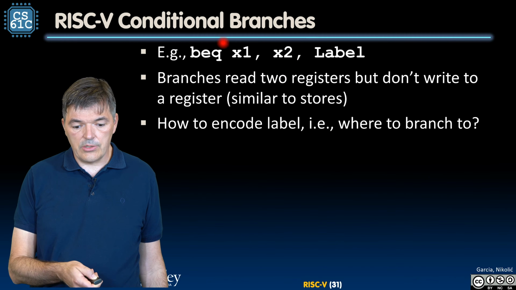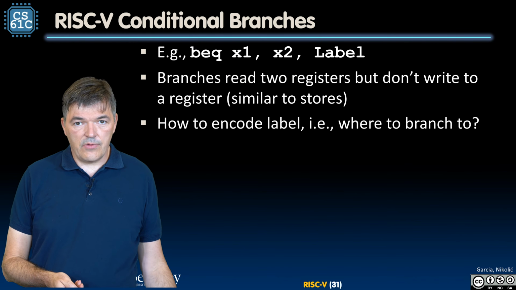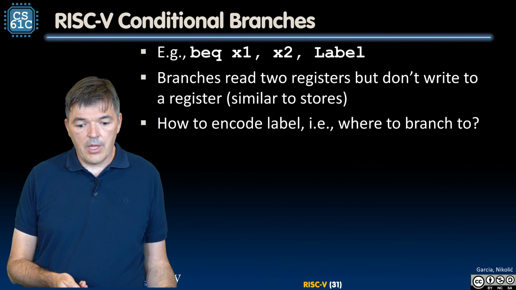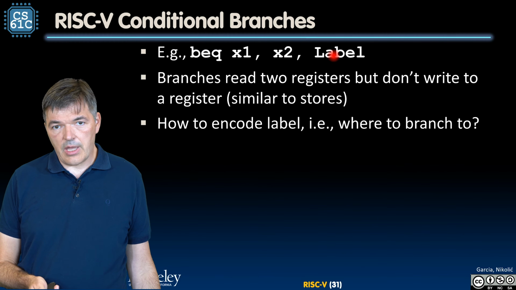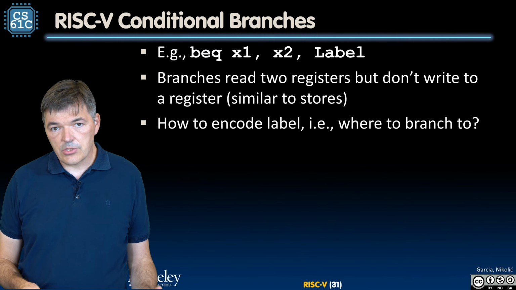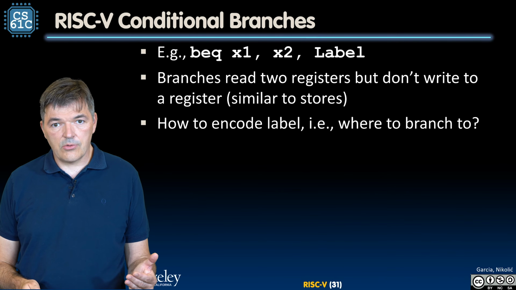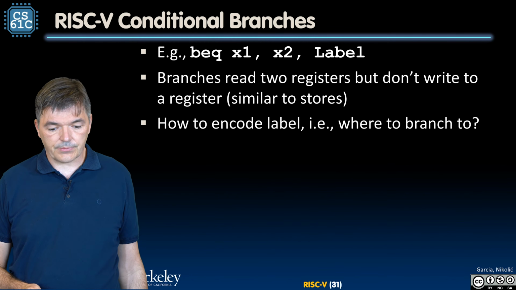In this case, we will need two source registers, x1 and x2, and this branch-if-equal will compare the values that are in registers x1 and x2 and branch to a label, which is another address in the code, if that condition is met. If the condition is not met, if the value in x1 is not equal to the value in x2, it would execute the next instruction in sequence.